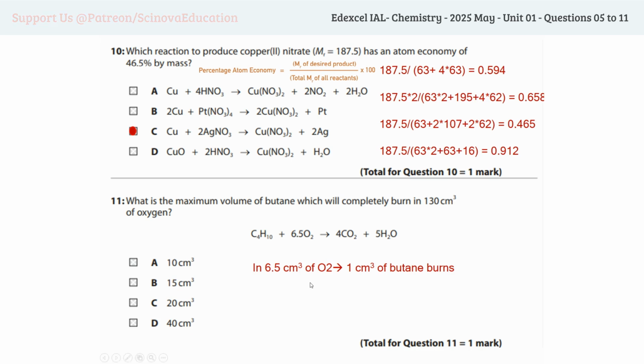Since these are gases at the same temperature and pressure, they have the same molar volume. Therefore, you can calculate that 20 cubic centimeters of butane will burn in 130 cubic centimeters of oxygen. Answer is option C.